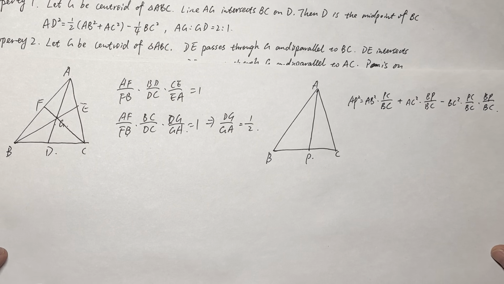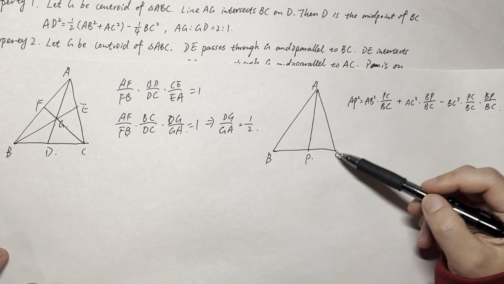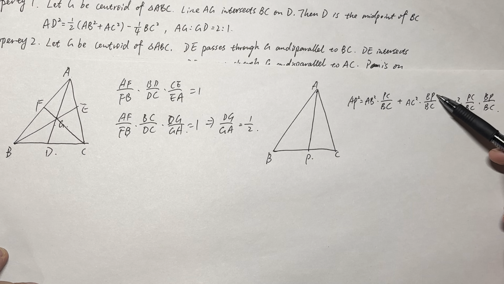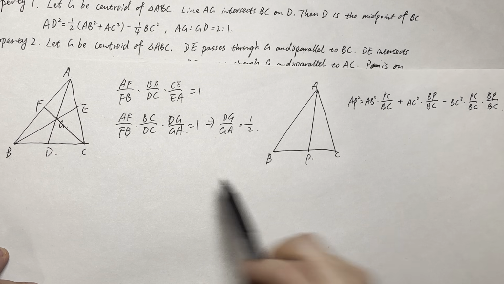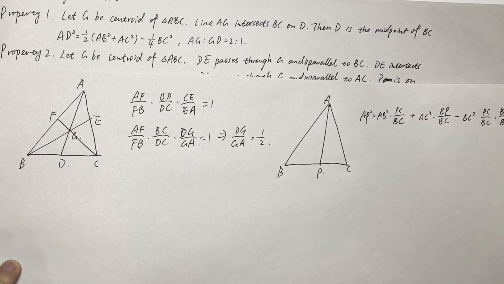That's Stewart's theorem. So if P is the midpoint of BC, this is 1 by 2, this is 1 by 2, and this is 1 by 4. So that's this equation.